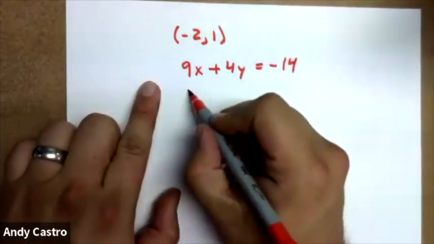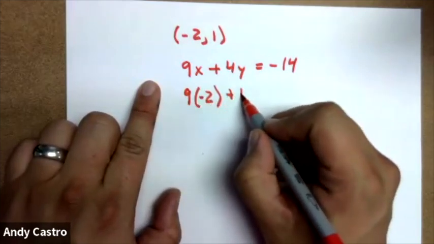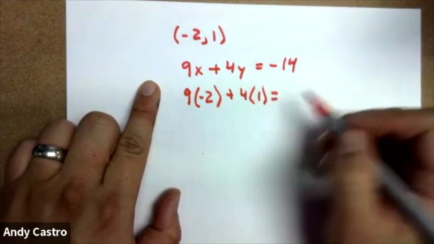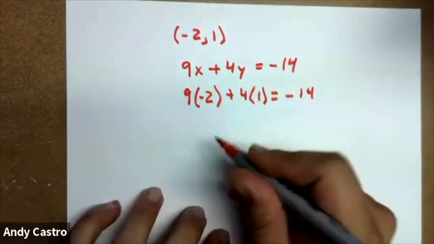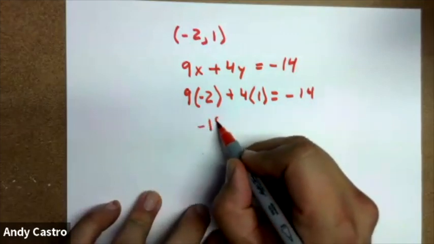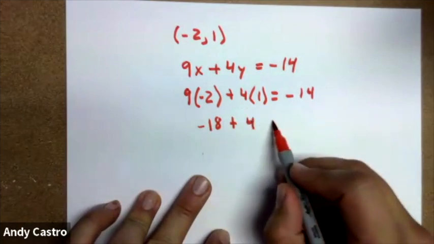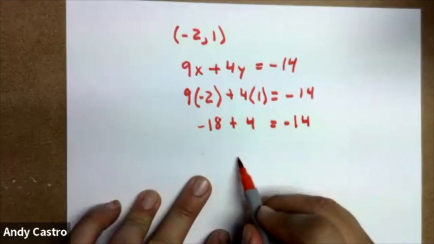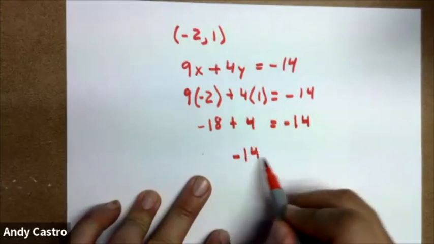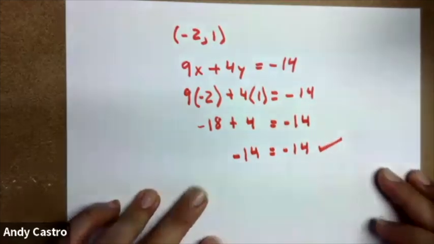So we're going to do 9 times negative 2 plus 4 times 1. Does that equal negative 14? 9 times negative 2 is negative 18. 4 times 1 is 4. Negative 18 plus 4 is negative 14. So that one checks out.